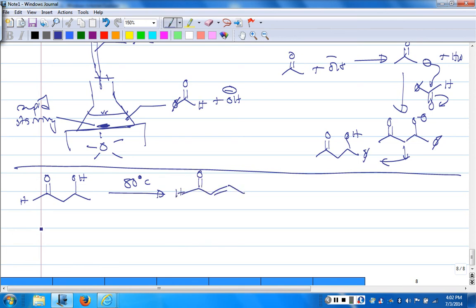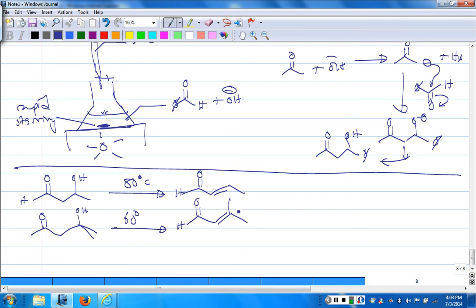On the other hand, if I had this species, maybe I can do this at 60 degrees. And the reason quite simply is that the alkene unit is more stable. It's more stable, it forms faster because it's an endotherm. So any factor, any feature that stabilizes the alkene of the alpha, beta, unsaturated carbonyl will facilitate its formation.